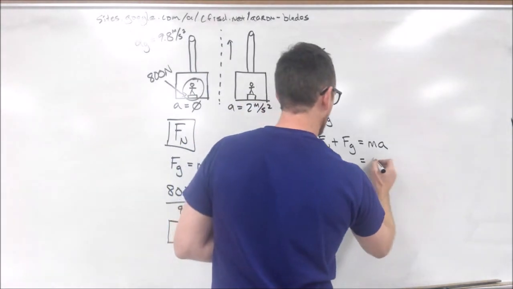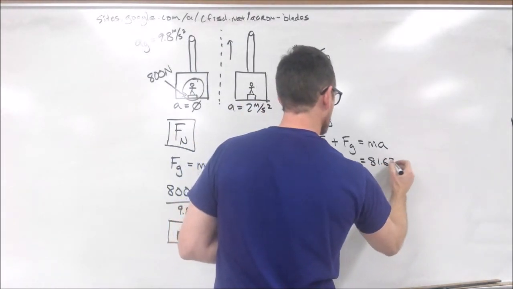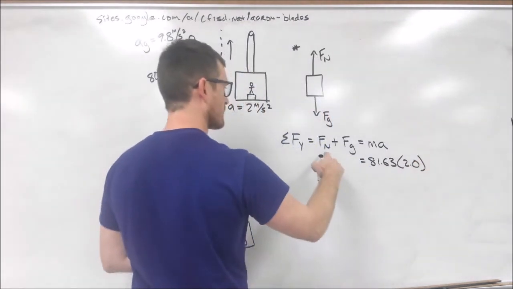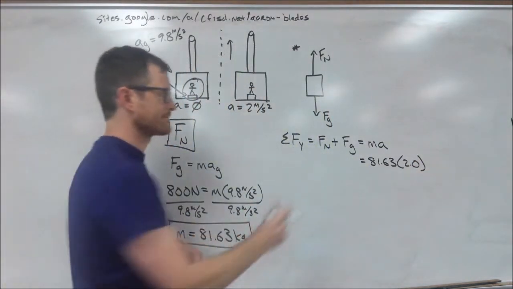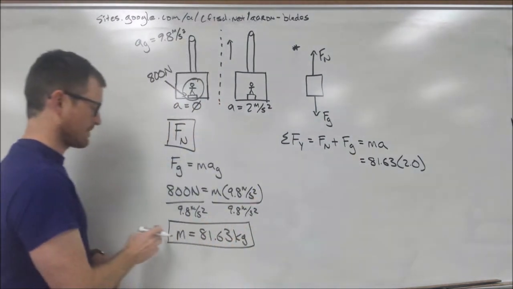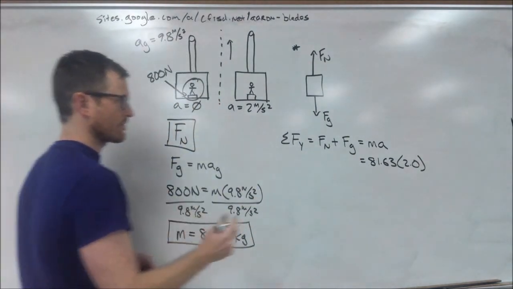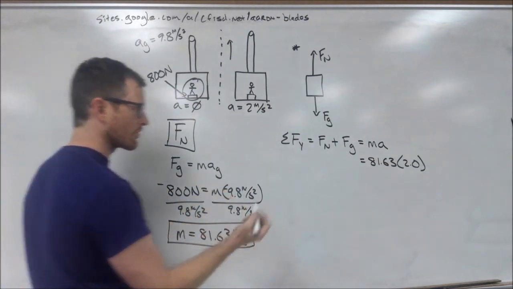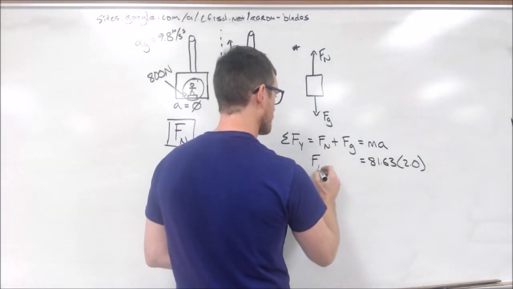So we can plug that in, and we've already solved for our mass, 81.63 times 2 meters per second squared. And we've already solved for our force of gravity. Plug that in. That's 800. But let's go ahead and make those negative, since the force of gravity is opposite in direction to the normal force.